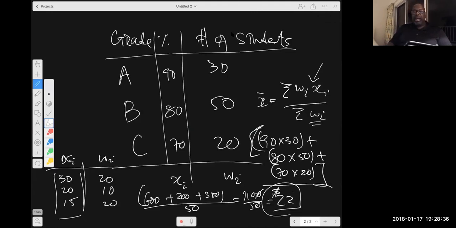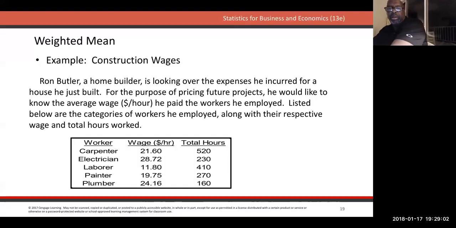Okay, so that's the weighted average. Let's get back to our PowerPoint. So we see a similar example with wages.